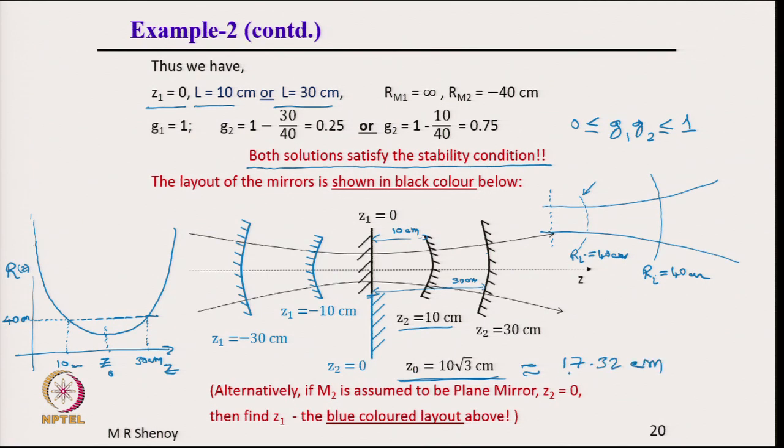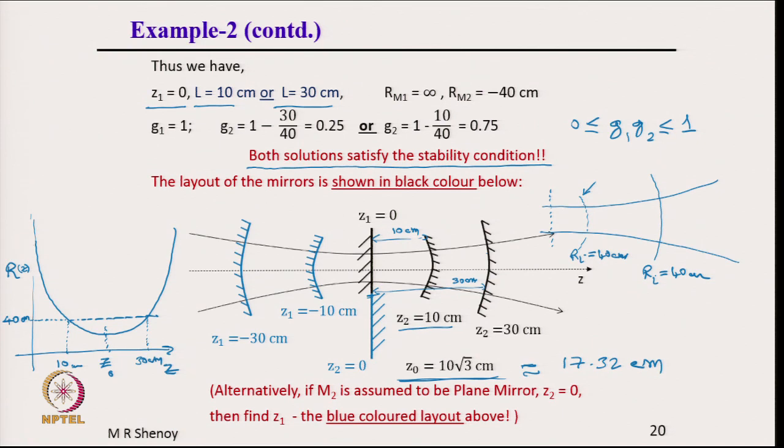And z naught indeed lies between 10 and 30. And therefore, both at z2 equal to 10 centimeter and z2 equal to 30 centimeter, the Gaussian beam has the same radius of curvature, which is 40 centimeter. So, that is what I have shown here in this diagram.